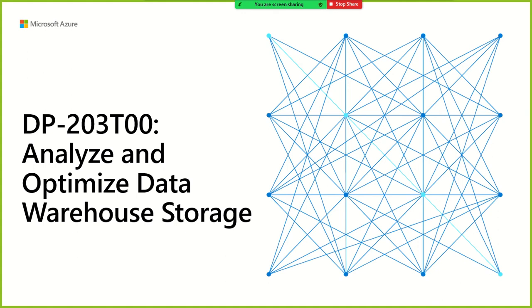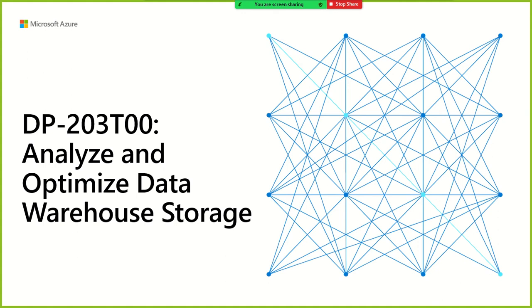We also see the different storage requirements for different data types, and we also look at how a materialized view can be executed in place of a complex query.